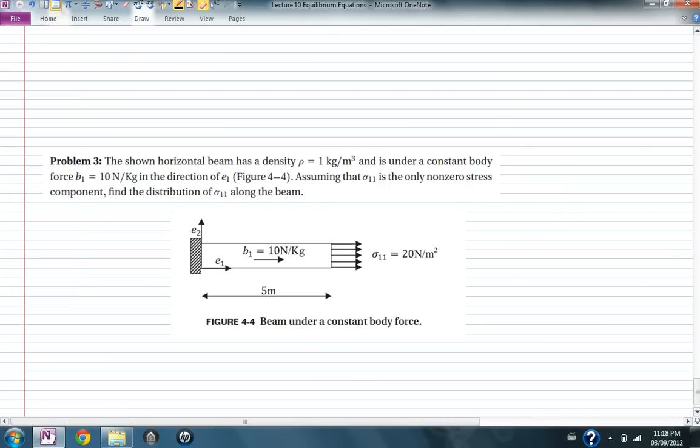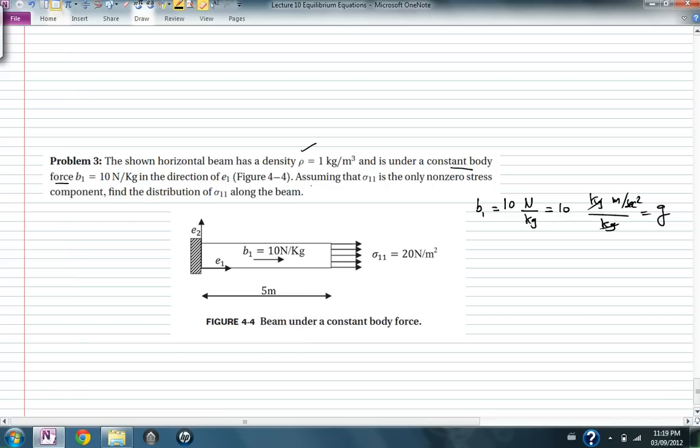I have a horizontal beam with given density and a constant body force, or a constant gravity vector, B1, equal to 10 Newton per kilogram in the direction of E1, and notice that B1, which is equal to 10 Newton per kilogram, is basically 10 kilogram meter per second squared per kilogram, which is equal to what you're used to, the gravity field G given as the acceleration vector.